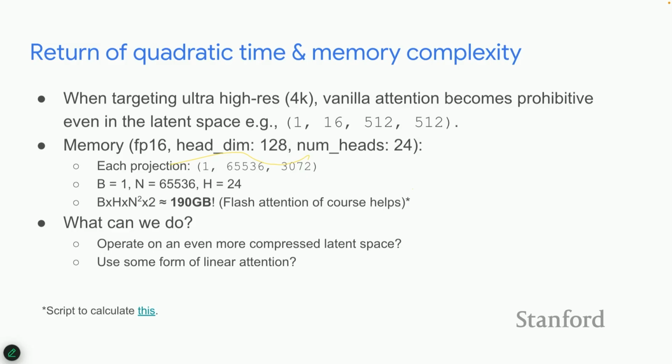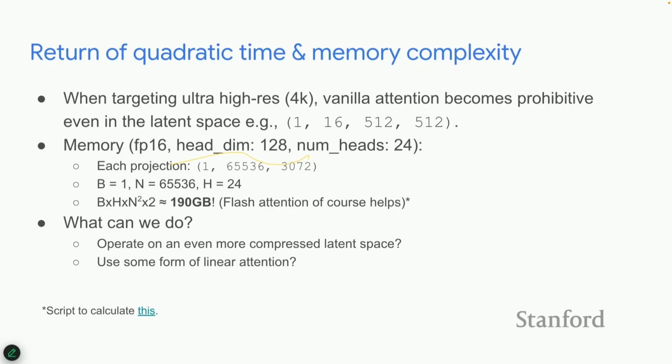I would need 190 GB. And this is of course not using flash attention, but you kind of get an idea of the prohibitive computation space of the quadratic attention that we usually use in diffusion models if we were to deal with really high quality and high resolution images.